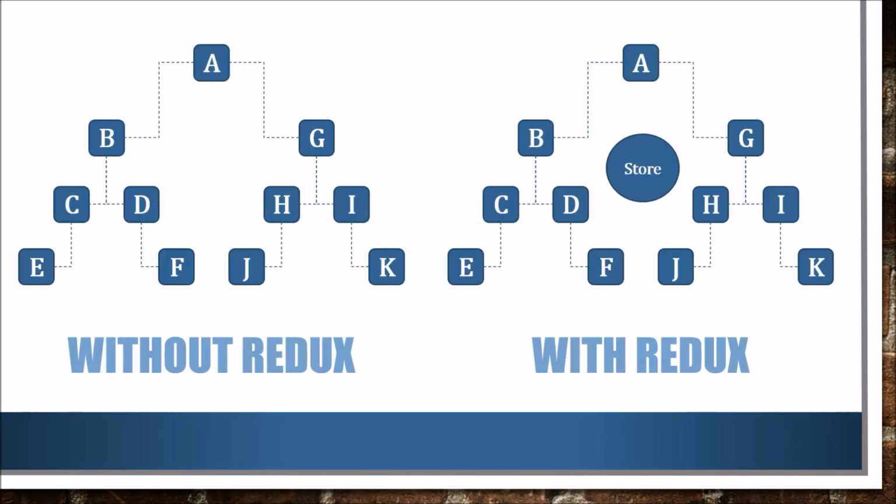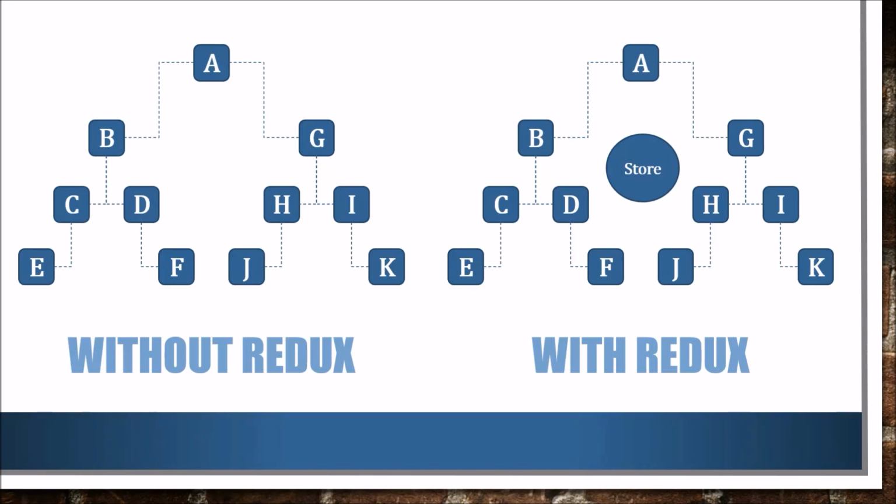So here are the two diagrams. Here A to K are the components. The first diagram represents the case when we are not using Redux, and the second diagram represents the case when we are using Redux. Like I said earlier, Redux manages state through a single JavaScript object known as a data store, where all your application's state is located. So here the store is the single JavaScript object.